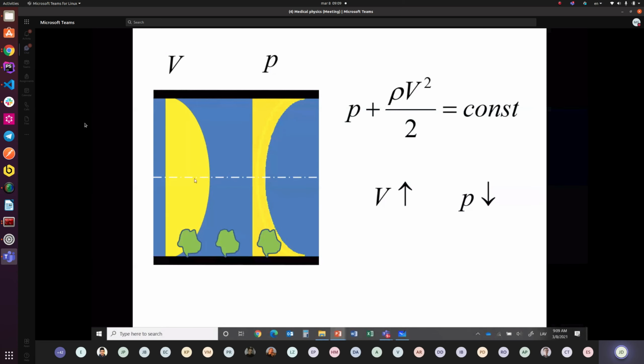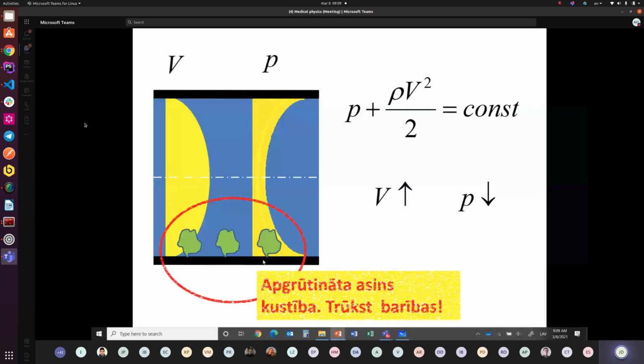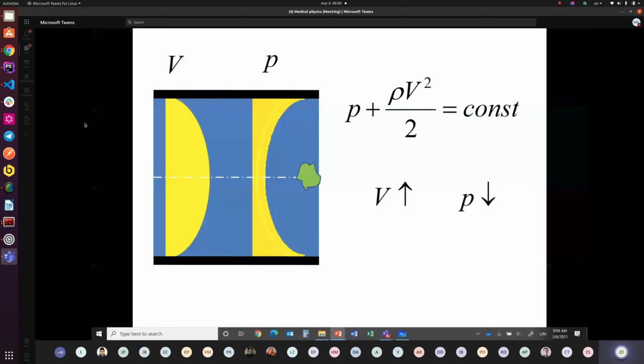So at the center, we have a very fast movement of the particles. However, the particles here don't have movement and they are pressed to the walls. Not good. Some negative processes can develop here, such as proliferation of the cells, remodeling of the blood vessels, etc. So we need to get these particles from the wall to the center of the blood vessel and move them forward.